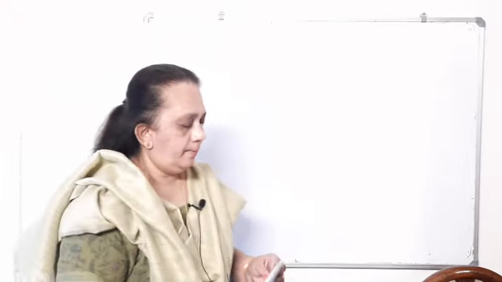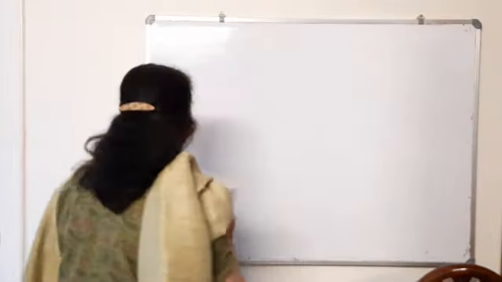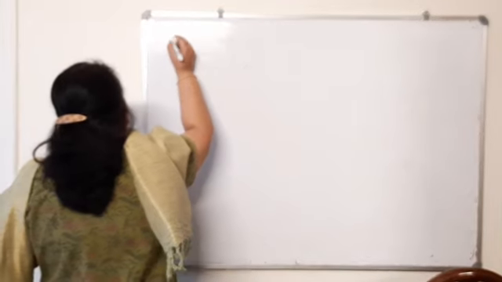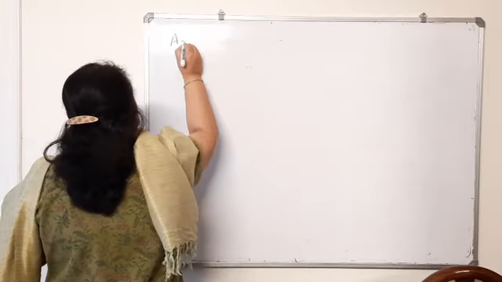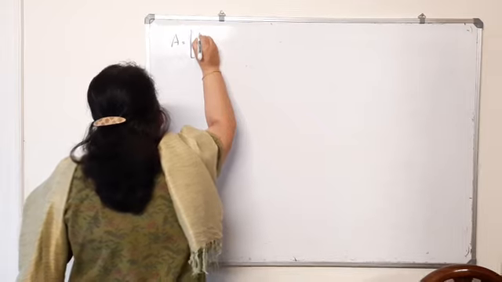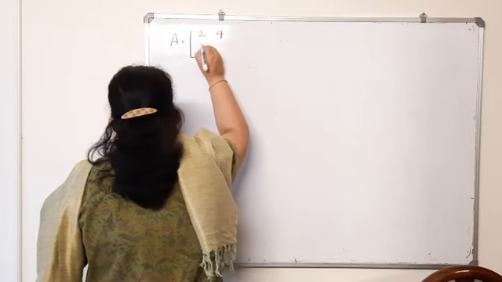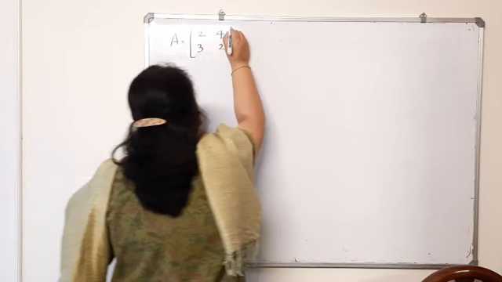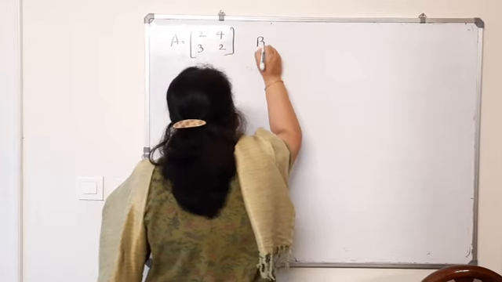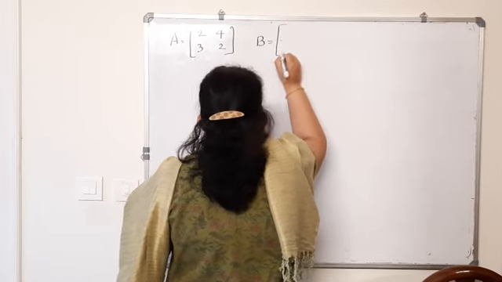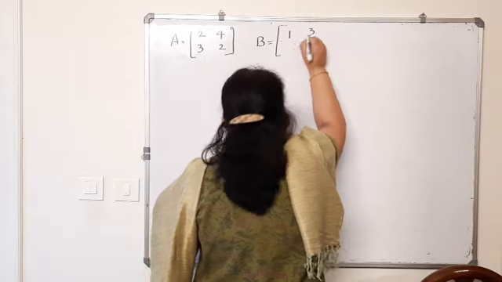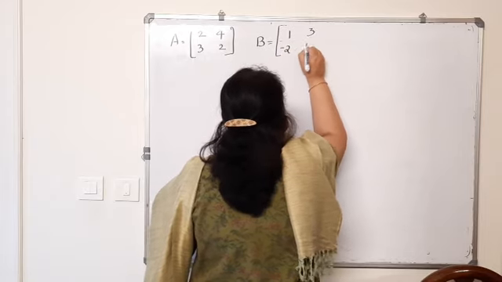Take down the question. A is equal to the matrix [2, 4; 3, 2]. B is equal to the matrix [1, 3; −2, 5].